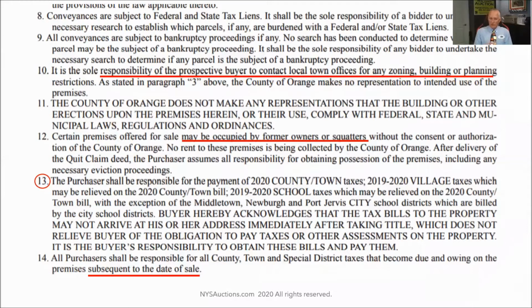Going forward, number 14 down at the bottom, subsequent to the date of the auction. So going forward after the date of the auction, once you're approved to buy the property, and we'll talk about what that means, once you're approved as the new owner and you take title, you're going to be responsible for all future taxes.